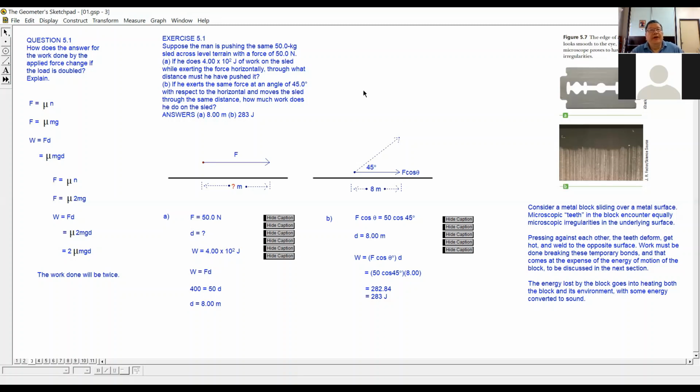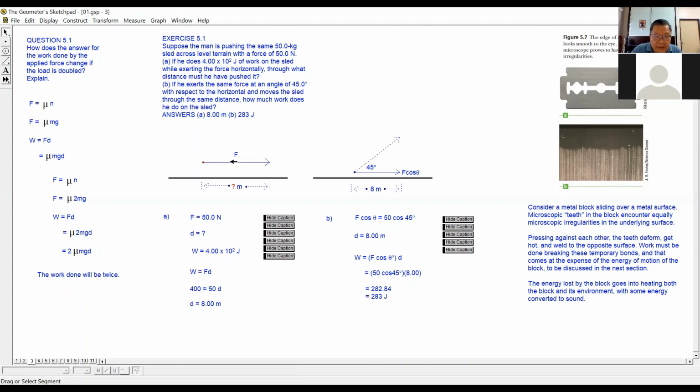So the first case, if he does 4 times 10 to the power of 2 joule of work while exerting the force horizontally, what distance must he have pushed it? Now, in the first case, the applied force is horizontal. The distance is not known.